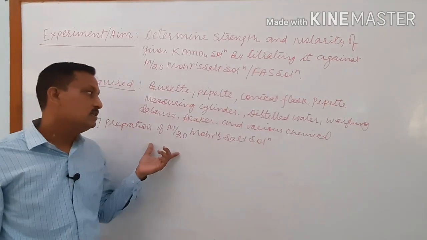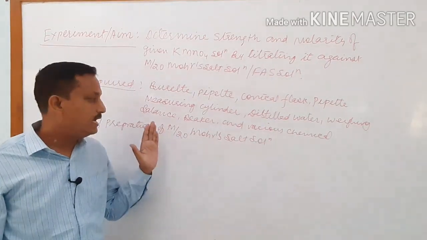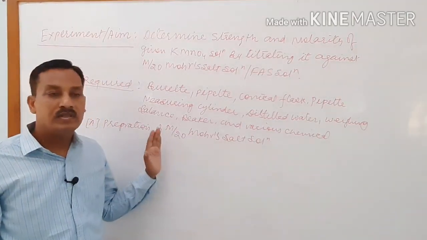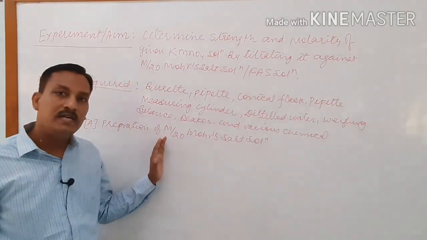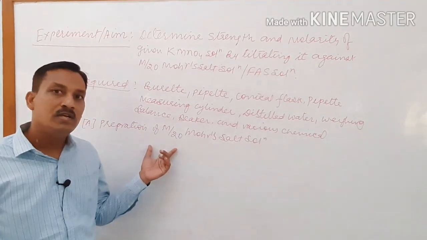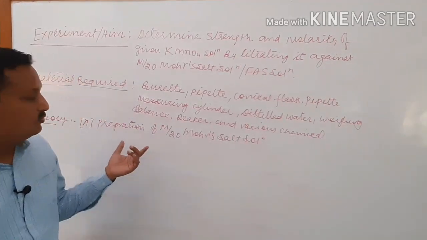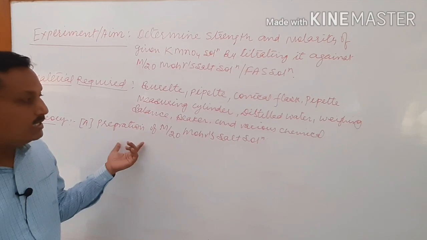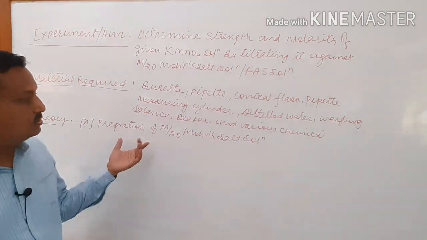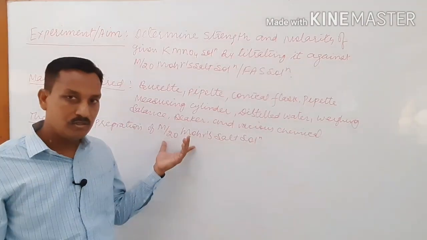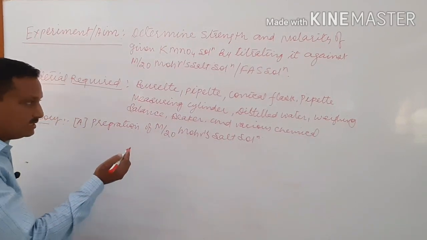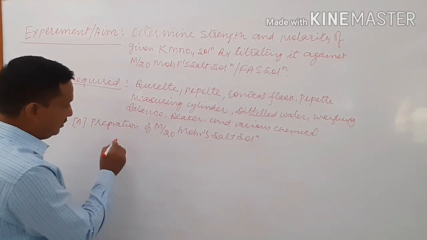For this purpose, first of all, we are to prepare the M/20 solution. For this, we are to calculate the amount of Mohr's salt which can be dissolved in 250 ml of solution, because we are to prepare 250 ml of solution.